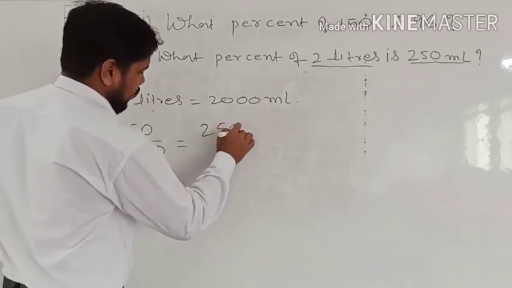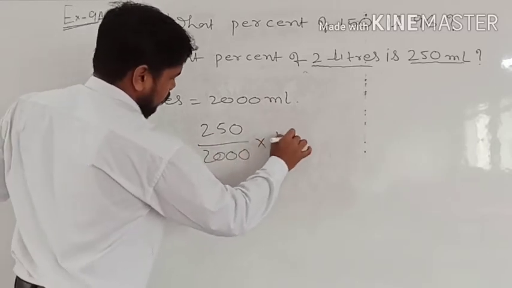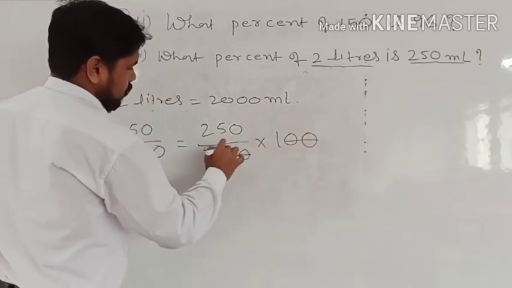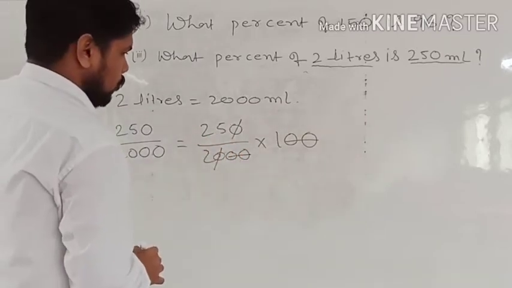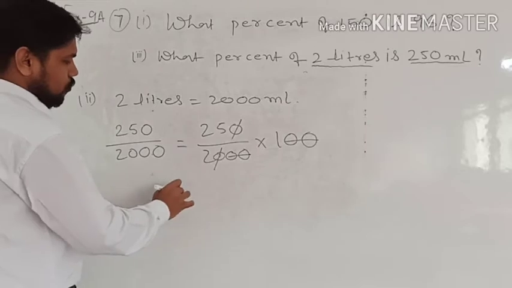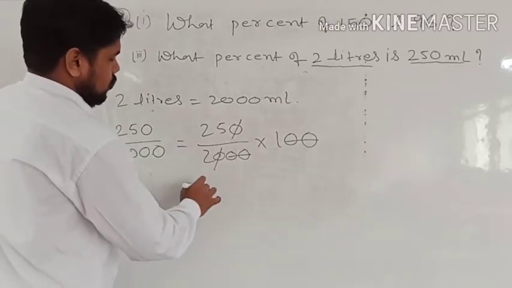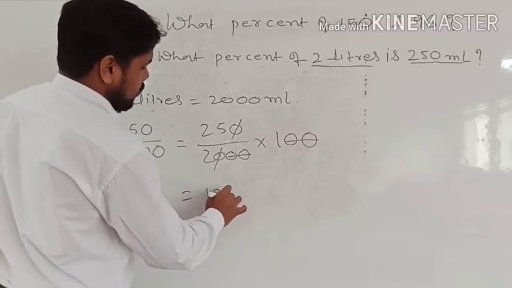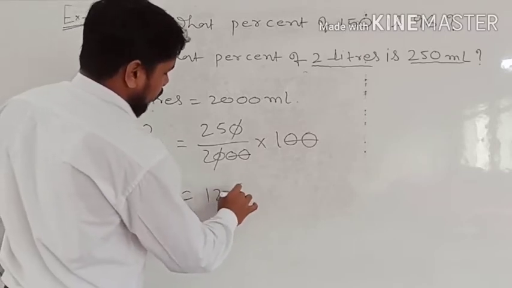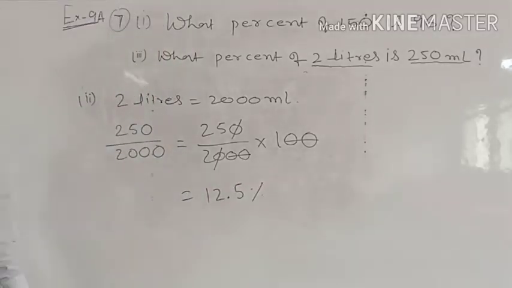So 250 divided by 2000 multiplied by 100. So 20, 20, 10, 10. So 25 by 2. 25 by 2 means it will come in decimal if you convert. 2 1s are 2, 2 2s are 4, decimal, 2 5s are 10. So 12.5% will be the required percentage.